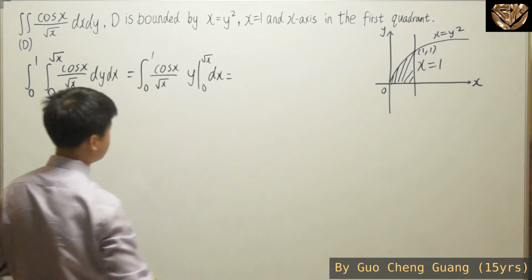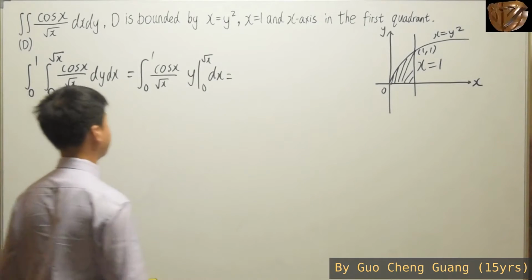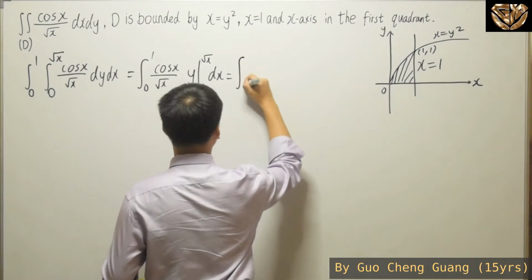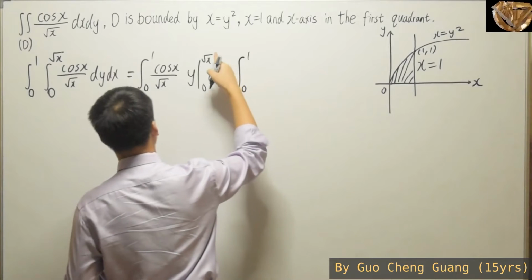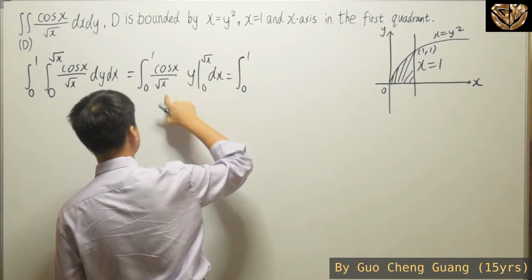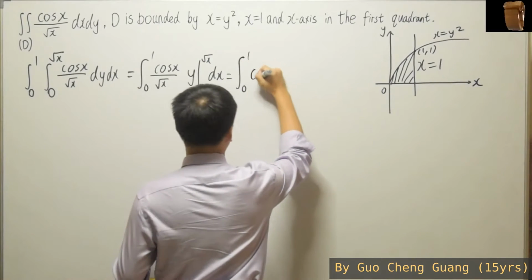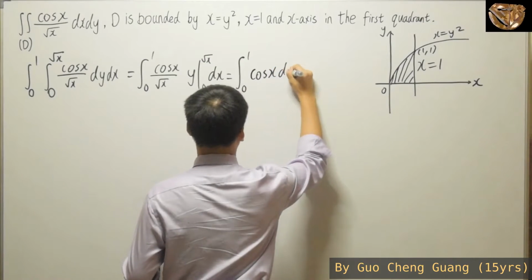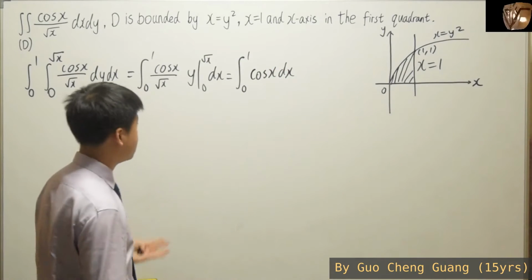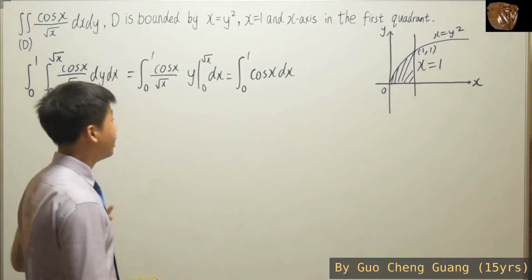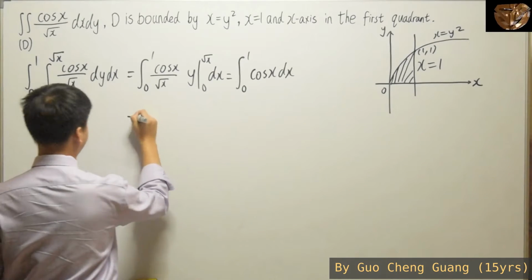Next, you substitute in the values of y. When you substitute in square root x, you realize you can simplify it with this square root x to get cosine x dx. But when you substitute in 0, the entire thing is basically 0, and you do not need to write anything for that.